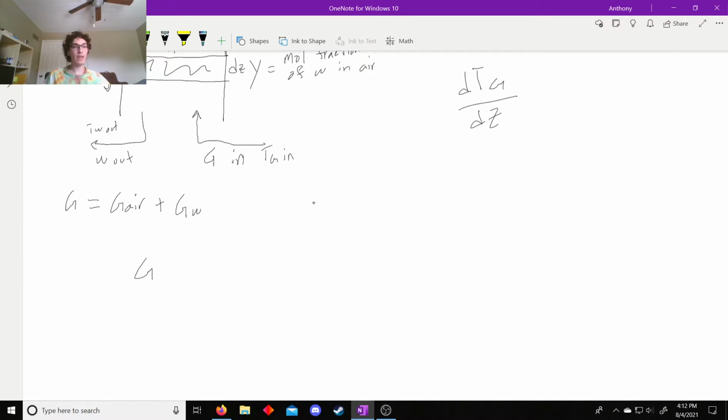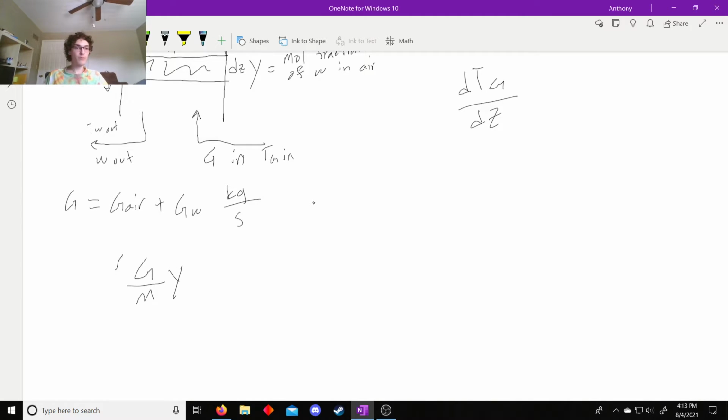So we have G, which is in kilograms per second. We're going to go ahead and divide by the molecular weight, which will give us moles of G, moles of air plus water. And then we multiply by Y, the mole fraction of water. So this is moles of everything multiplied by the mole fraction of water gives us moles of water.